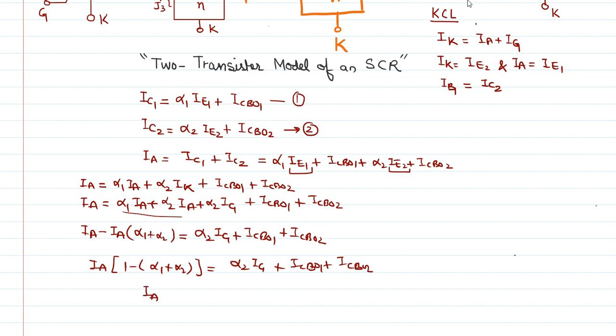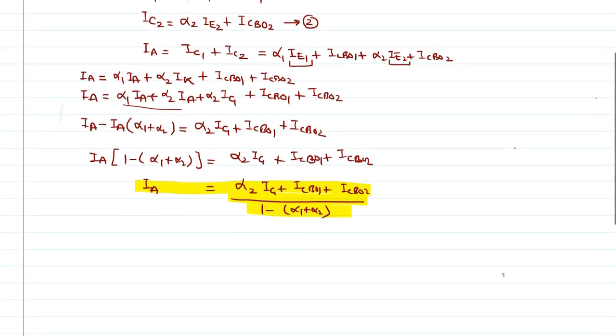So this is the final expression of anode current in terms of the forward current gains alpha 1 and alpha 2 as well as the gate current.